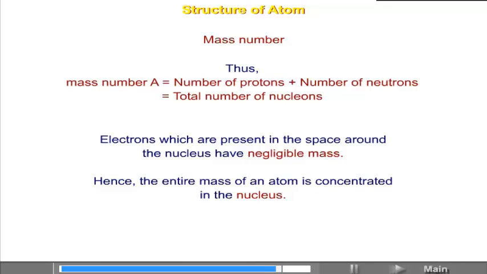Electrons which are present in the space around the nucleus have negligible mass. Hence, the entire mass of an atom is concentrated in the nucleus.